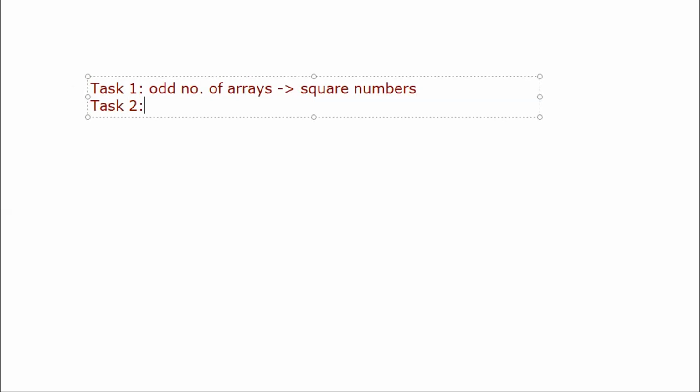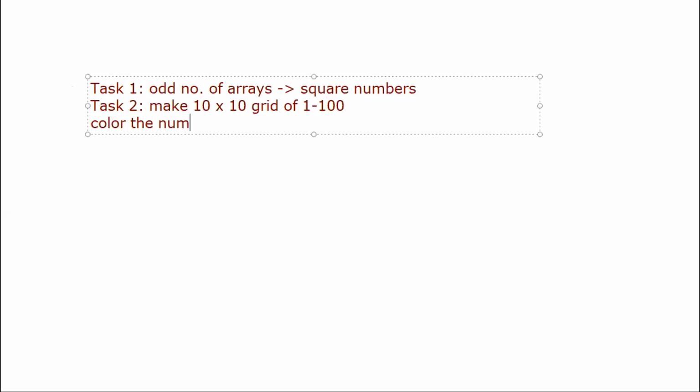Task 2 will be: make this 10 by 10 grid of 1 to 100 and color the multiples of 2, 3, 5, 9, 10, and 11.